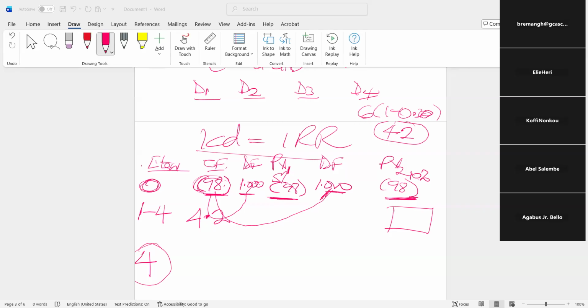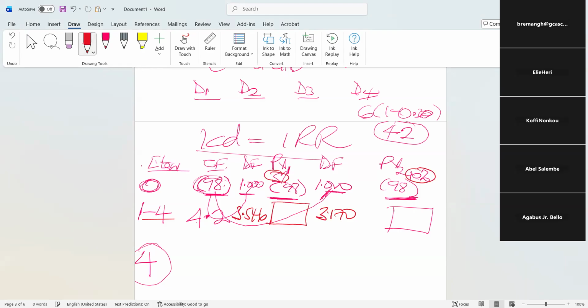So if there's no challenge and nobody's talking, then we put here 3.546. Then here under the discount factor, we put 3.170, because we have looked at the 5% and the 10% for the 4 years. So at the end of the day, we now multiply and put the answer here.